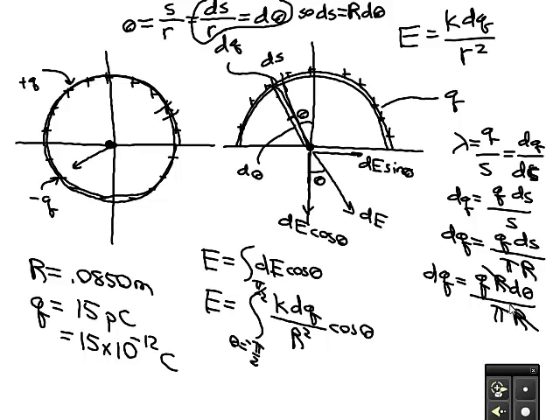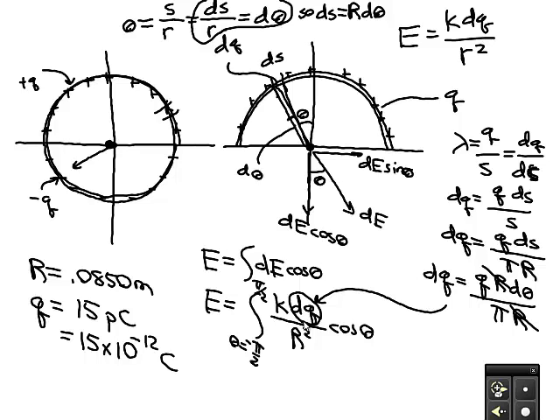Wah! Lose the r. So now we can replace dq with q d theta over pi. And then we're ready to integrate. When you finish up the integral, remember you can pull out the constants. So what are our constants?